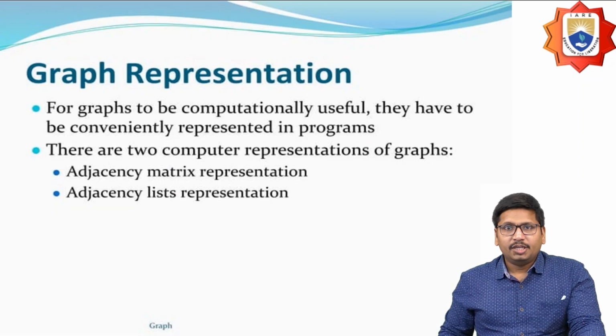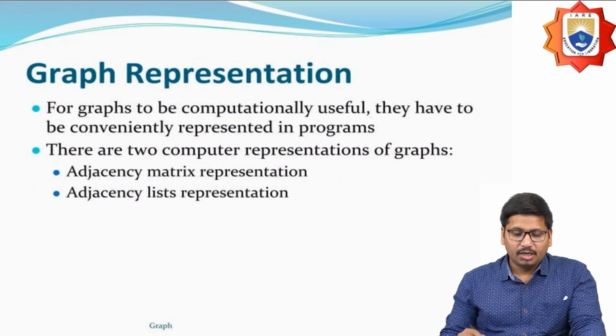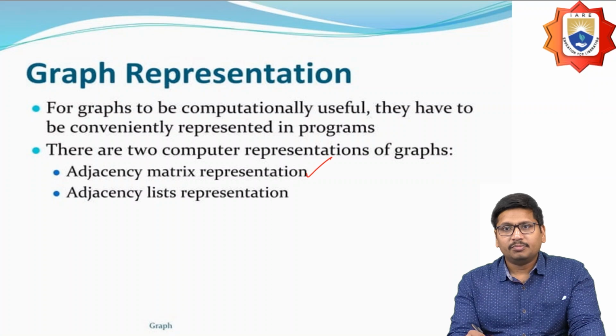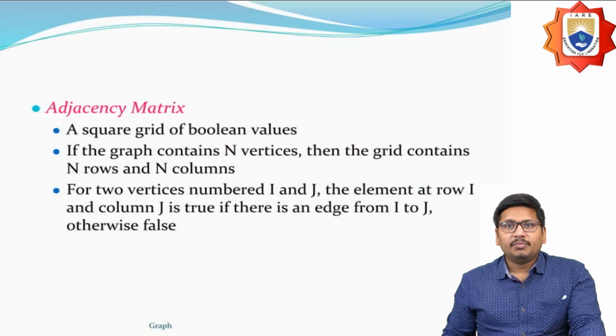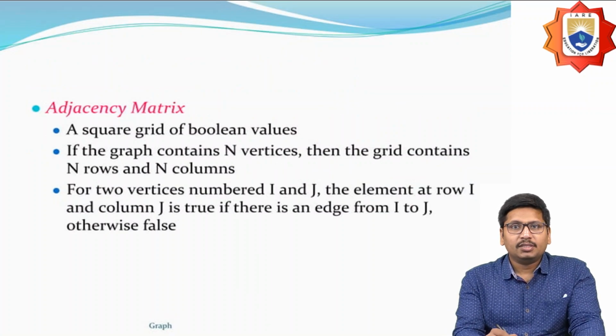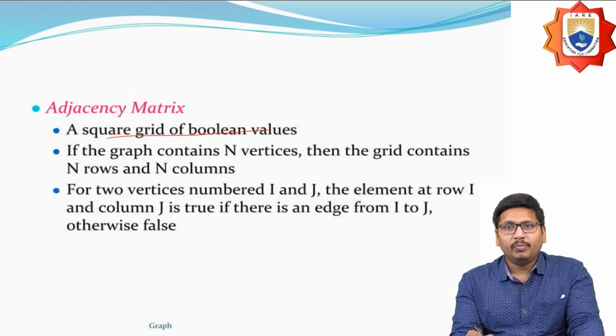So graph representation. For a graph, we have two types of representations: adjacency matrix representation and adjacency list representation. These are the two widely used graph representation techniques. So what is this adjacency matrix? An adjacency matrix is nothing but a square grid of Boolean values.